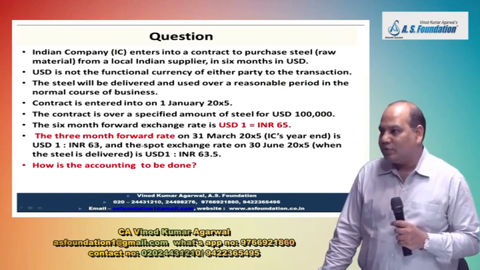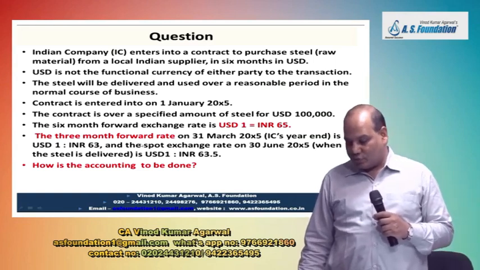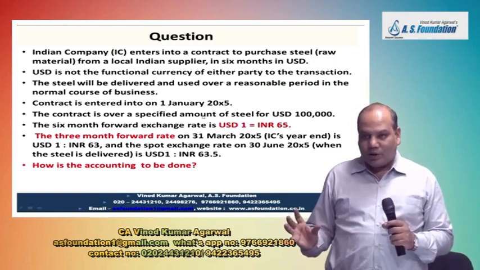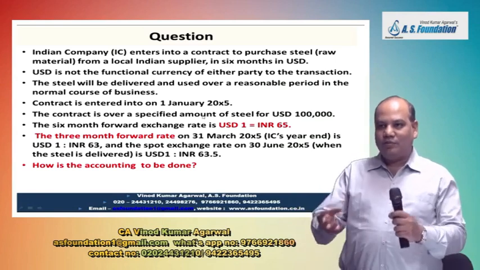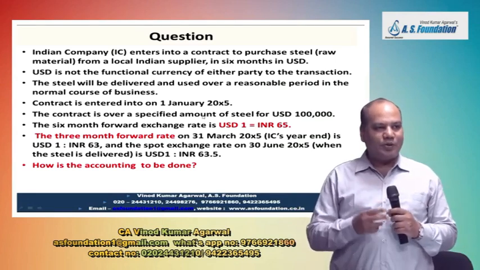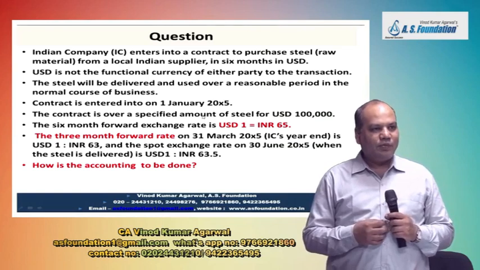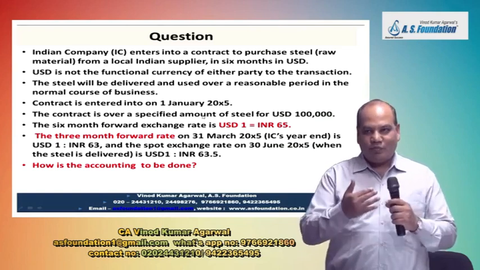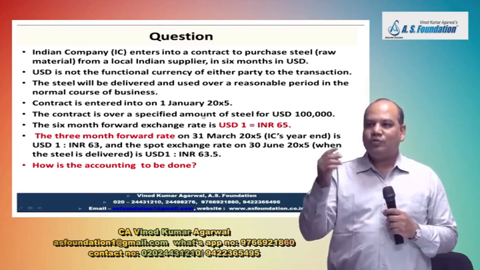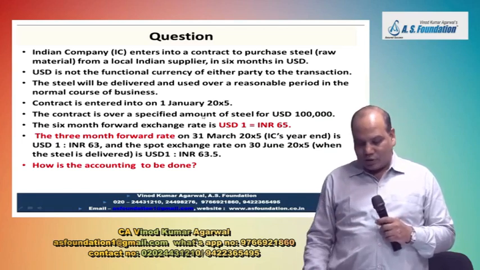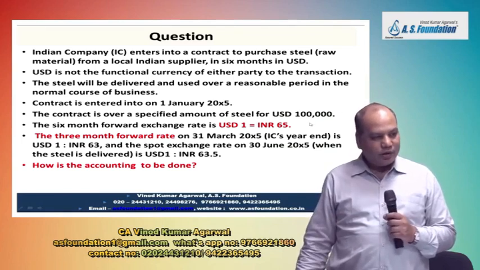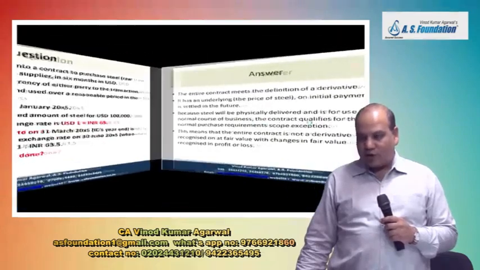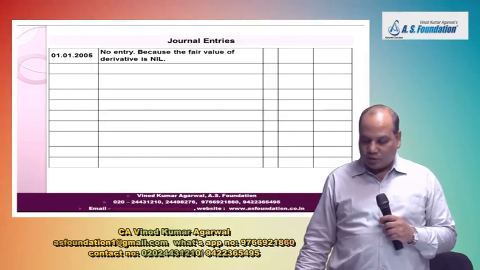Exchange rate is falling. So you will have to pay less. So therefore, the inbuilt derivative in this contract gives you a benefit of 2 rupees per dollar. The value of the contract in your favor moves by 2 rupees. And how many dollars are at stake? 1 lakh. So you will gain 2 lakh.